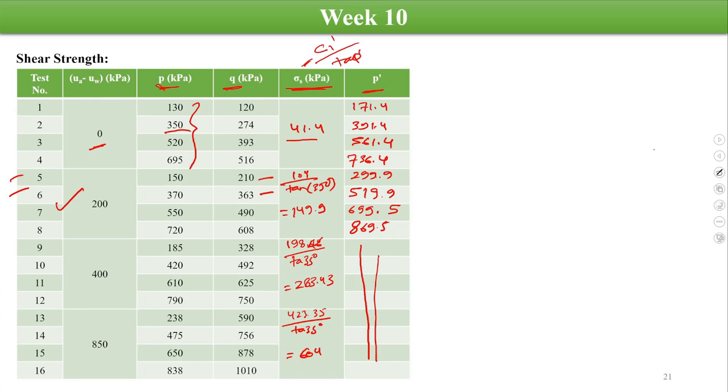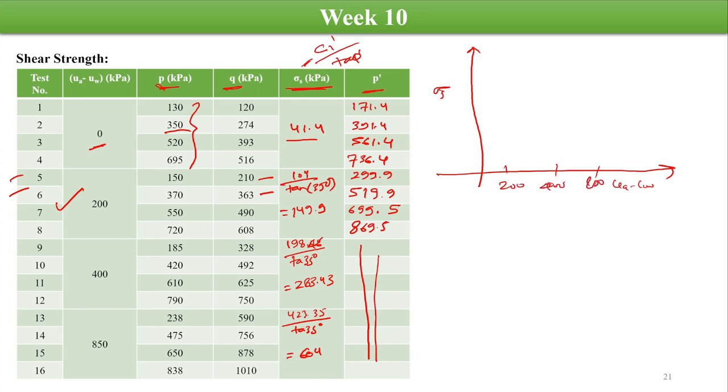So the observation which we can make here is that the sigma s value which we are obtaining here, if we plot it against the matric suction value u minus uw, for 20, 200, 400 and 850, we will get different values, and the SWCC will look like that, like this SSCC.